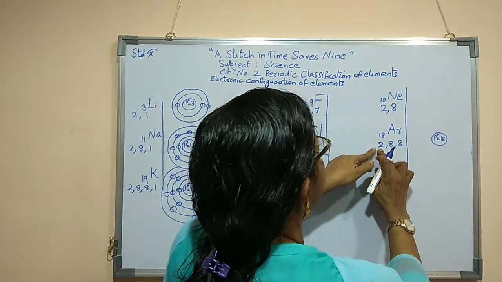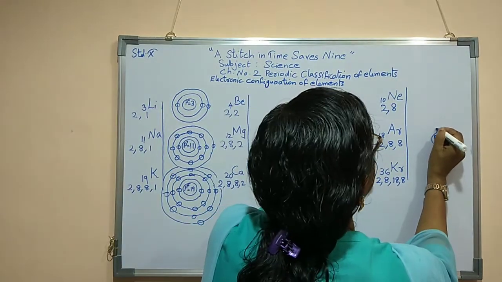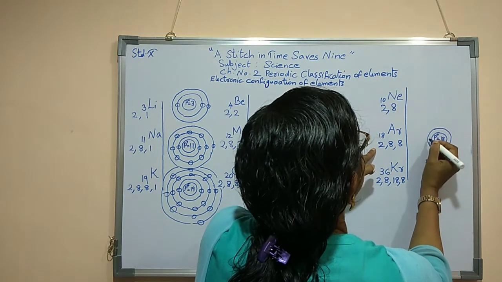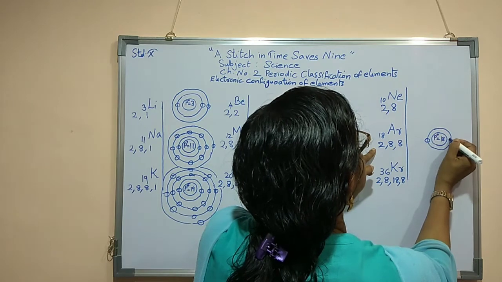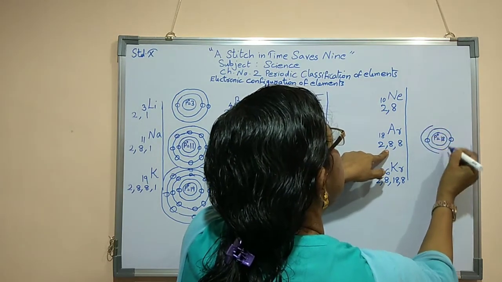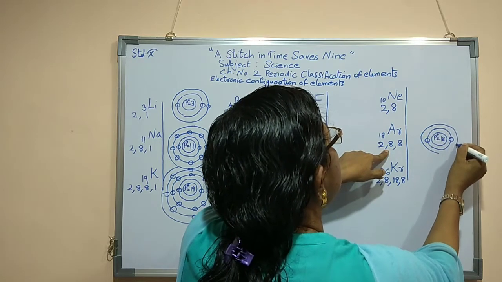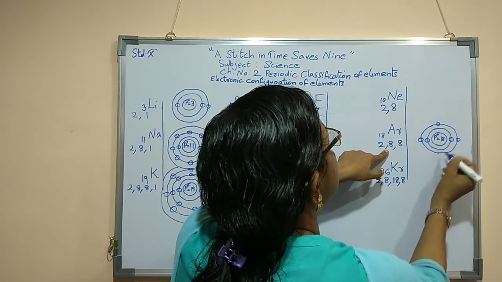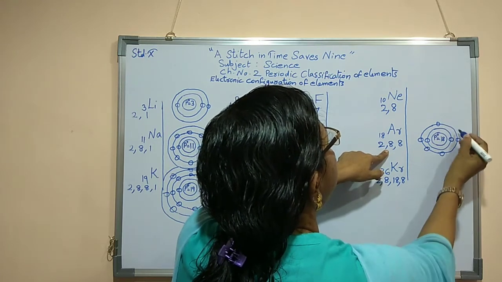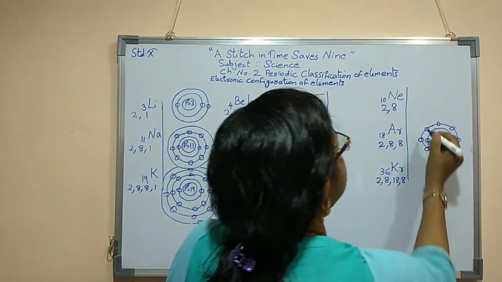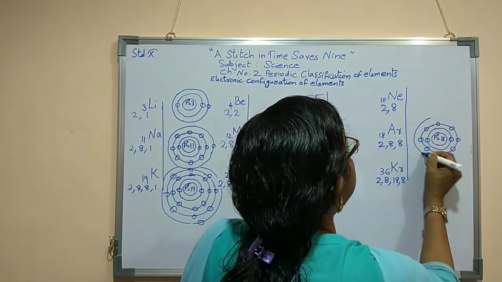After that the first orbit has 2 electrons. So I am making here the first orbit with 2 electrons. After that the second orbit has 8 electrons. 3, 4, 5, 6, 7, 8. Now again the third orbit has 8 electrons.